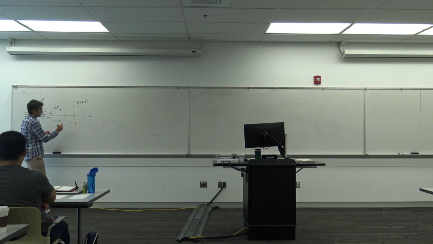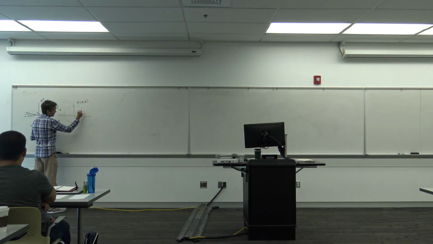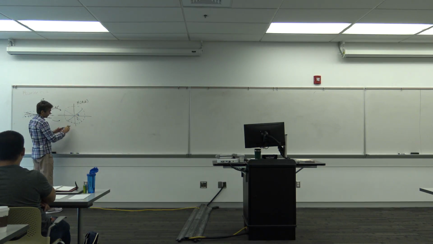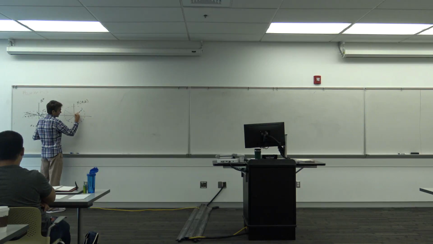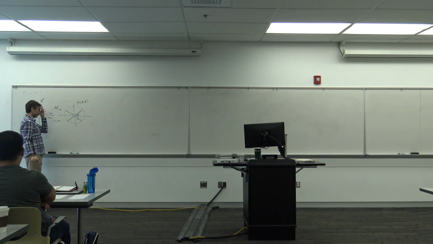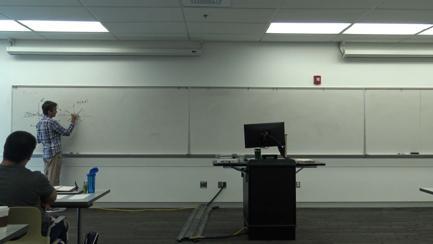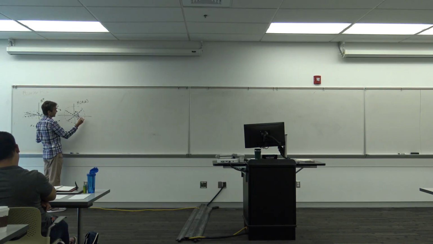Then there are two basis vectors that define S1 and S2, the latent variables. Here are my original samples now mapped onto this whitened space given by PCA. This is the first PC, let's call it PC1, and this is PC2. We've called them before V1 and V2, so they're the same thing.